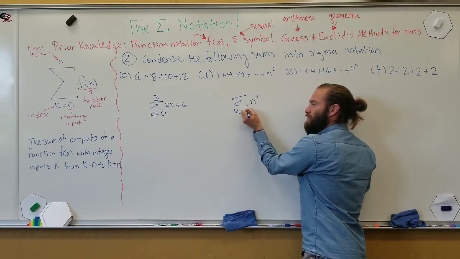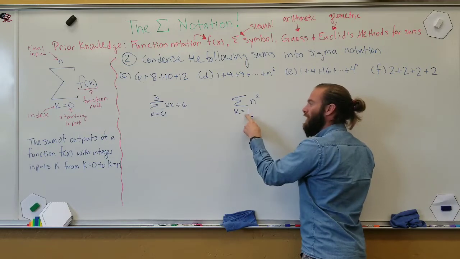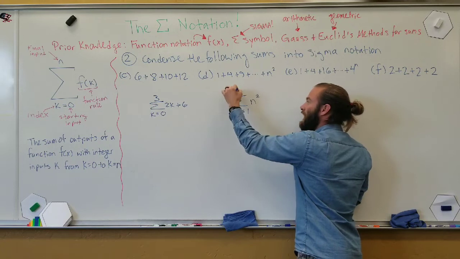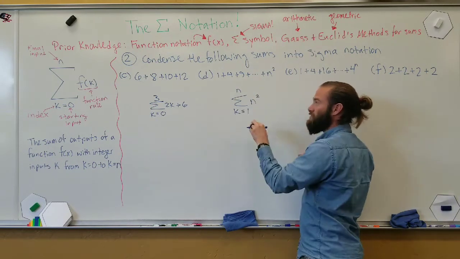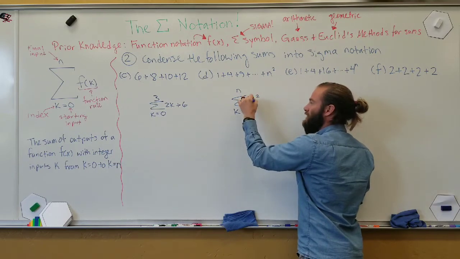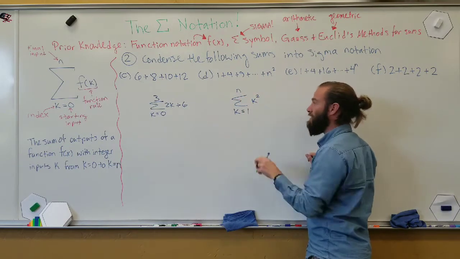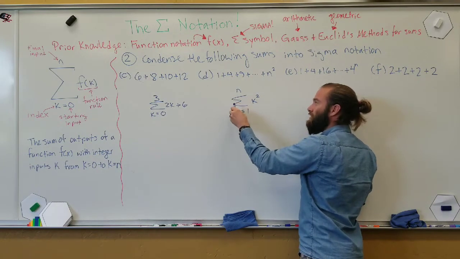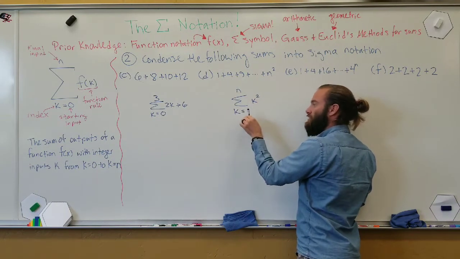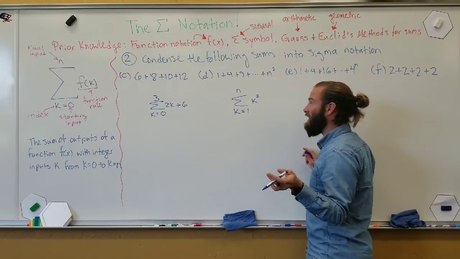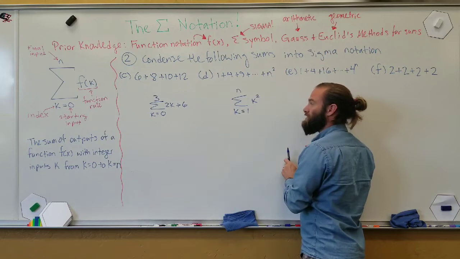So if this was k equals 1, then I'd get my 1 squared, and then 2 squared makes 4, and then 3 squared makes 9, and then to n. I'm sorry, this should always be with k. But we're going from 1 to n, so literally it's 1, then 2, then 3, then 4, all the way up to n, right? And that's exactly what this says.